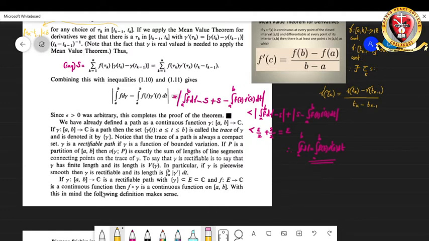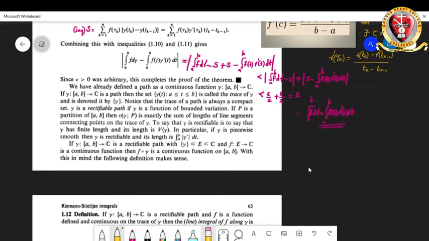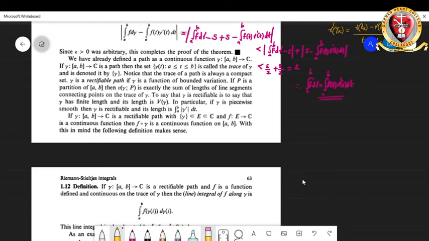Also, if γ is a rectifiable path with the trace contained in E contained in C, and if f is a continuous function from E to C, then f composition γ is continuous on the closed interval [a,b]. You can just work all these out, which are very easy to make sense.